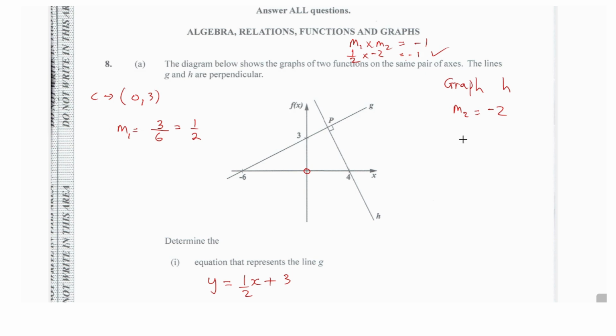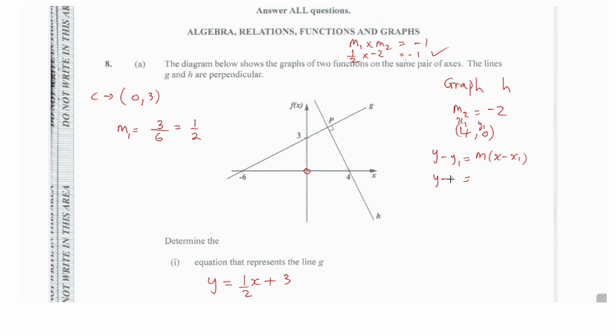Therefore, we have the gradient of graph H, and we have a coordinate which is 4, 0. So we can use y minus y1 is equal to m into x minus x1. So we have y minus, let's use this as x1, and this is y1.